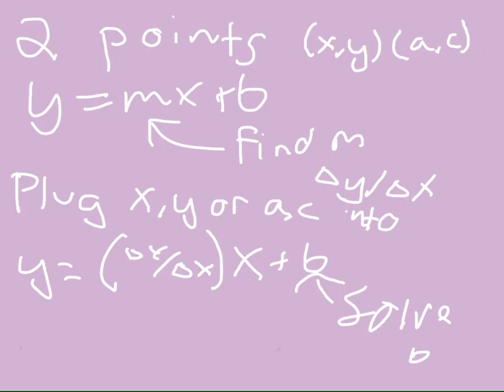We can then plug (x, y) or (a, c), the given points, into the equation using the m value that we found, so y is equal to the change in y over the change in x times x plus b, where this y and x would be the values plugged in. Then we can solve for b, which gives us the equation using the 2 line points.